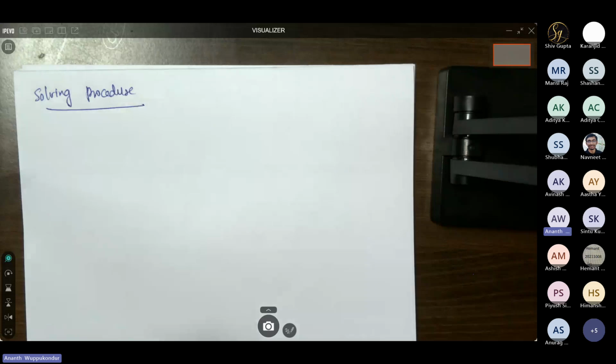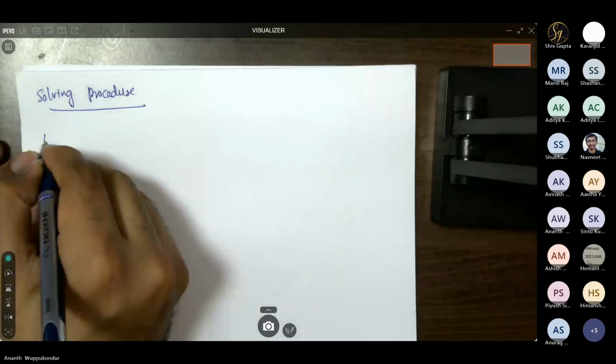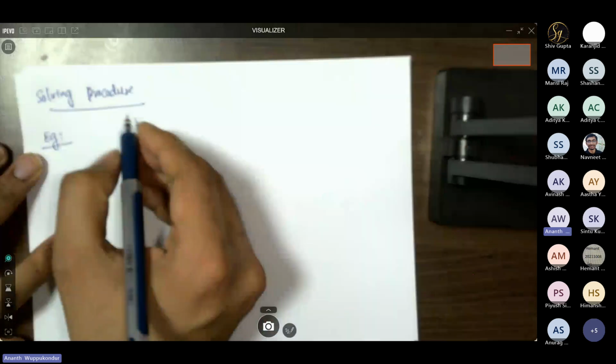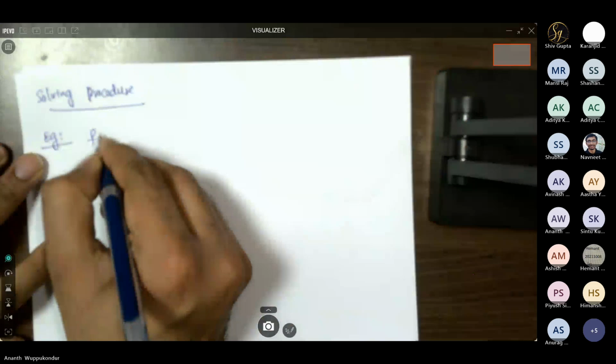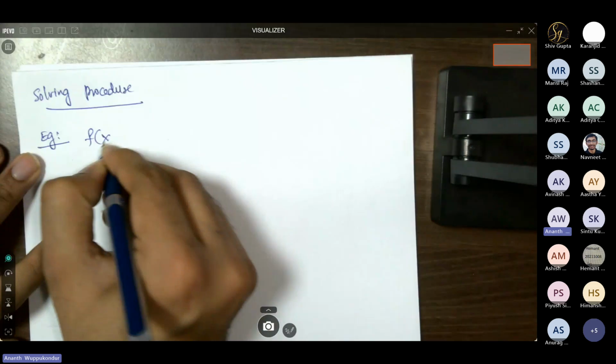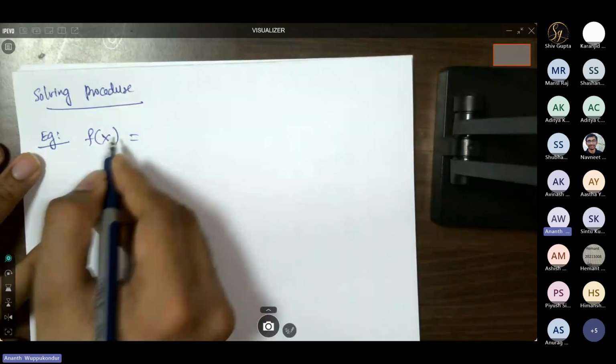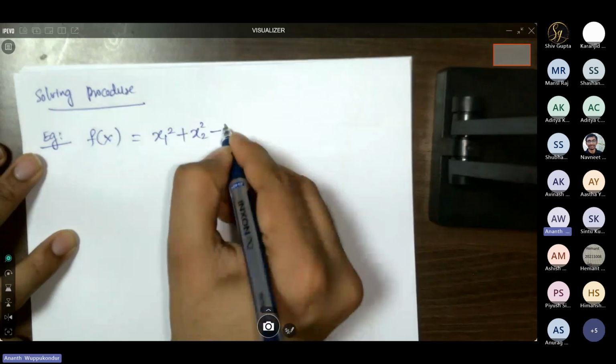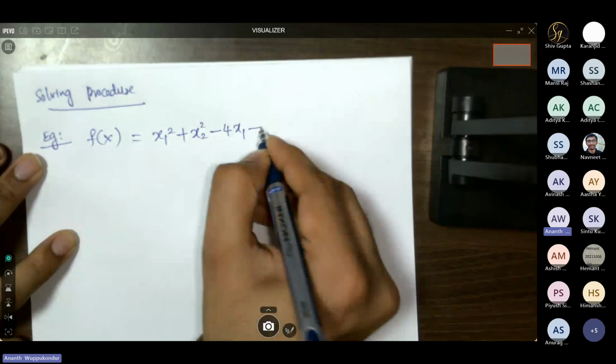So let us take an example where we have a function f of x that we want to optimize. Let us say f of x is x1 square plus x2 square minus 4x1 minus 4x2 plus 8.